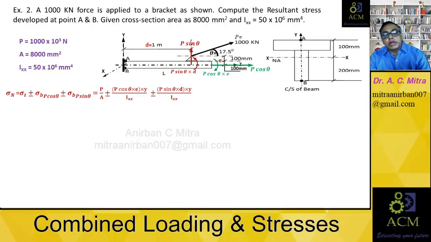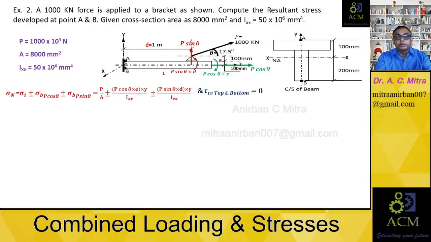The direction of the tensile stress is always positive, but the bending at A and B points depends on the nature, tensile or compressive. We also know that shear stress at the top and bottom, that is at A and B points, is 0, and in the neutral axis it will be maximum.